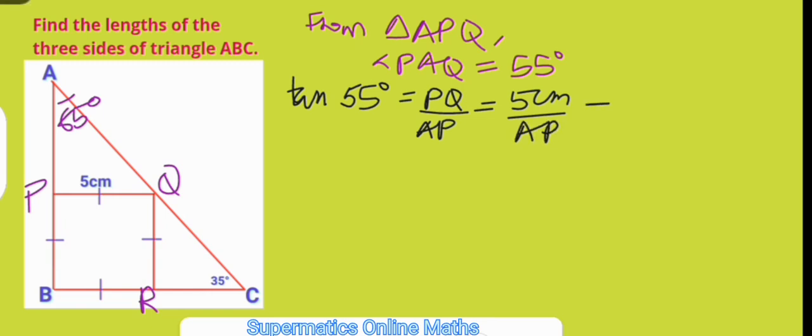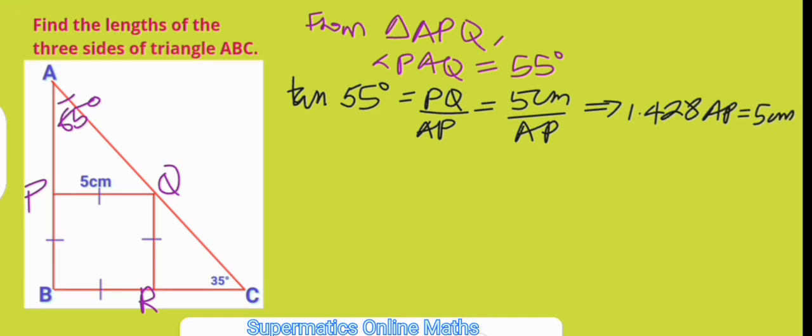And using a cross product, this simply means that tan 55 degrees, which is 1.428, times AP is equal to 5 centimeters.